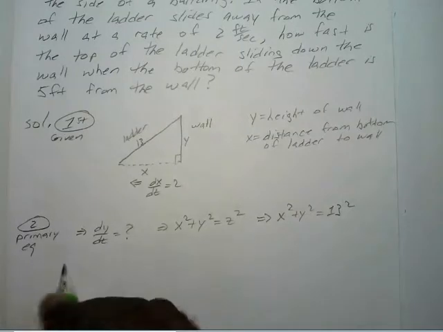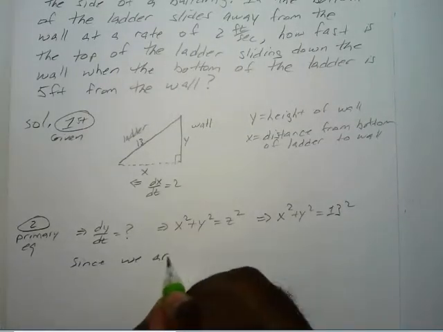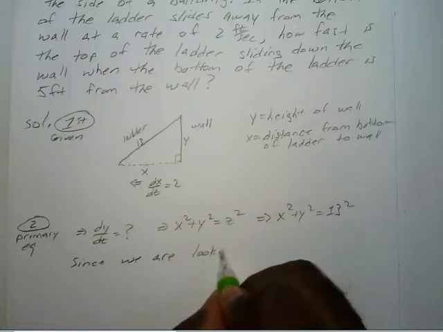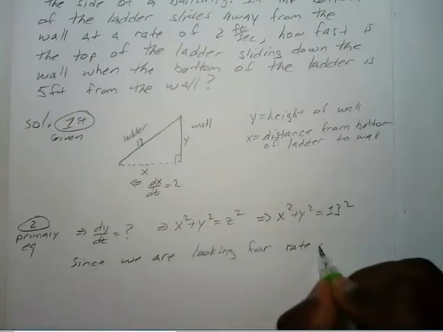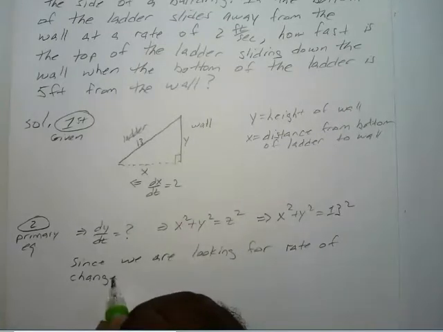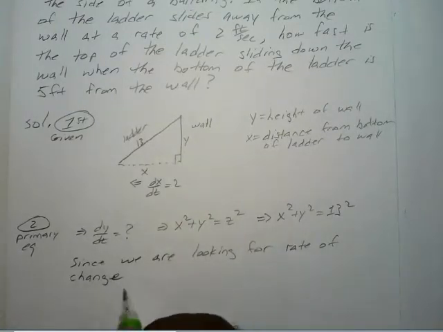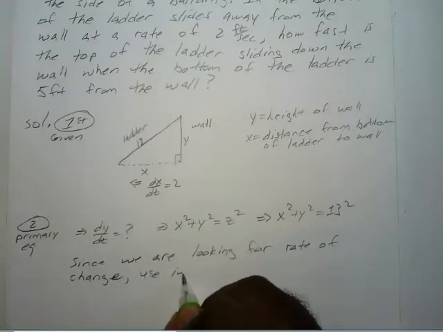Okay, so since we are looking for the rate of change, we're going to use implicit differentiation.